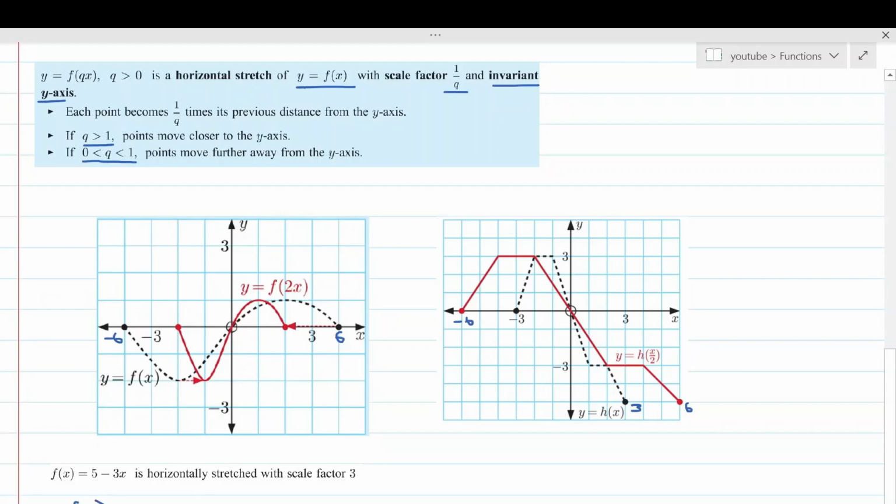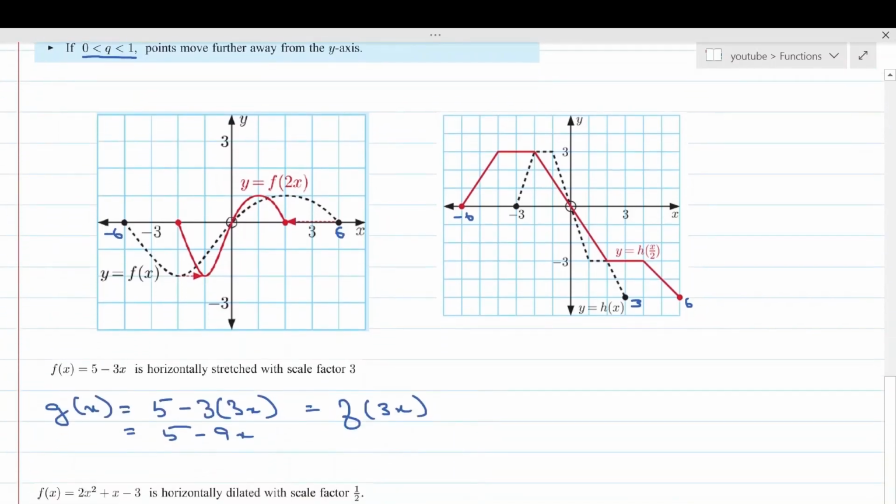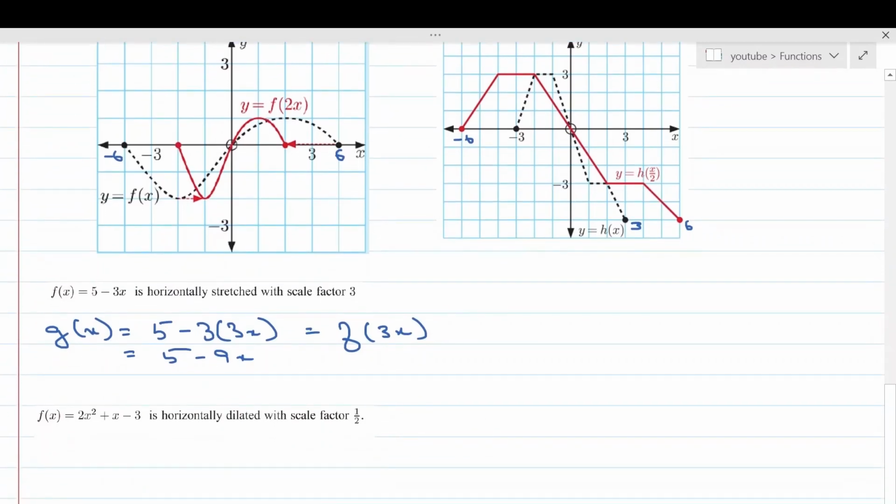Let's say g(x) is going to be, since the scale factor is given as 3, meaning the q value is greater than 1, 5 minus 3 times 3x, which is g(x) = f(3x). On expansion, we get 5 - 9x as our new equation, which is the horizontally stretched equation of this function with a scale factor of 3.